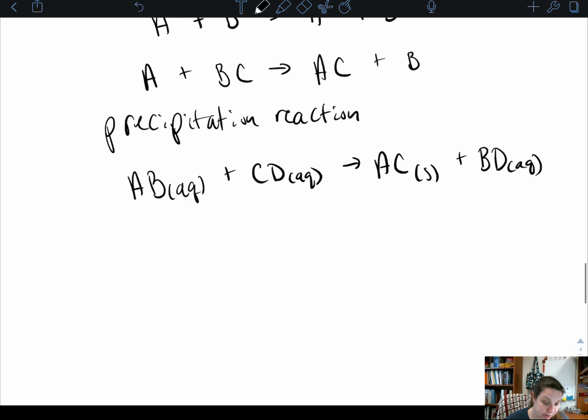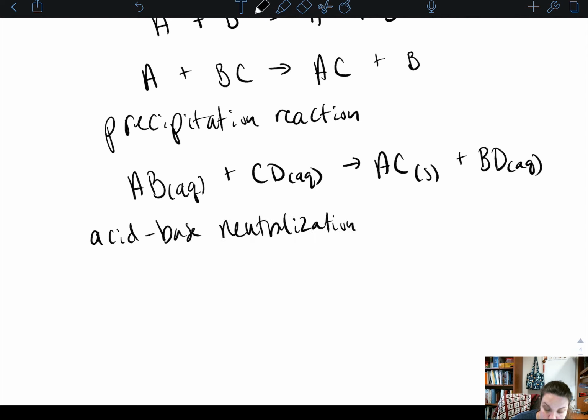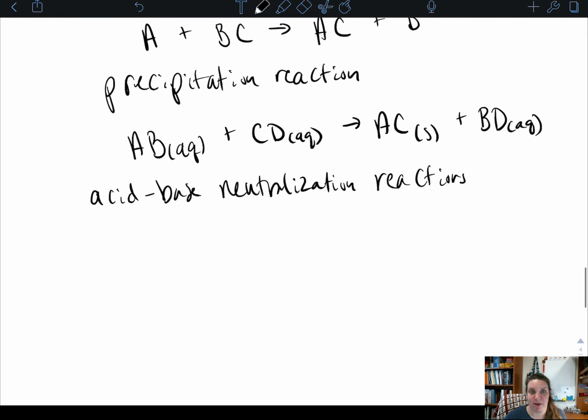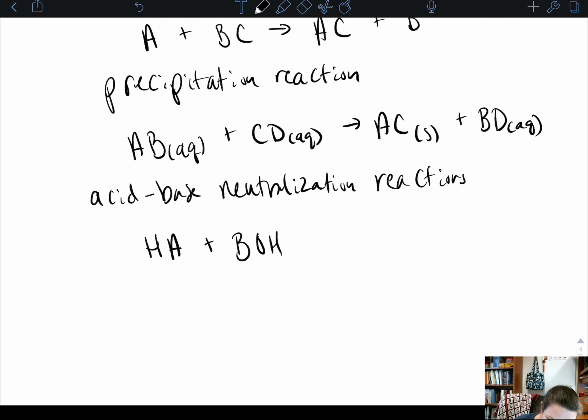Last reaction type we want to look at is acid-base neutralization reactions. Not the only type of acid-base reactions, but we're going to have an acid. So remember from last chapter what an acid looks like? It has some anion with a bunch of hydrogens. It's going to react with a base. A base has that hydroxide, something like sodium hydroxide.